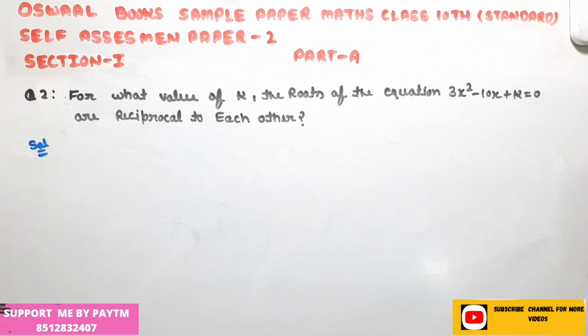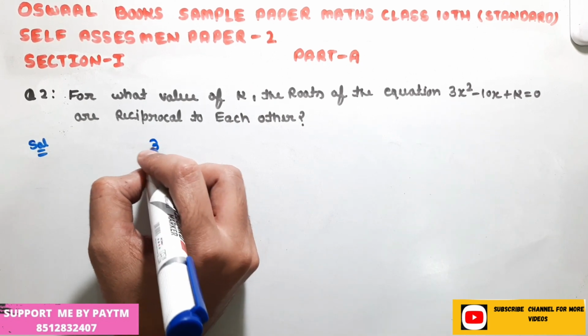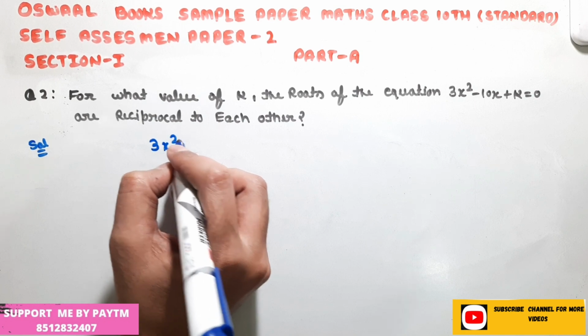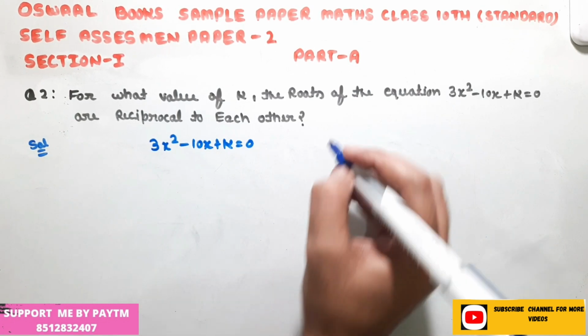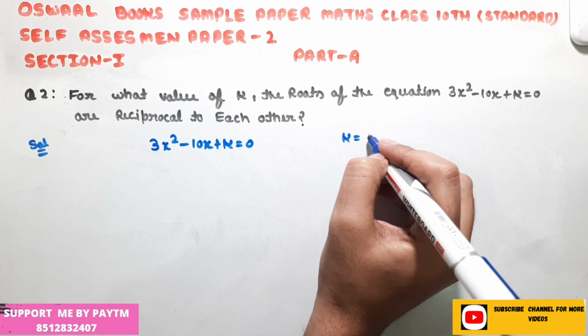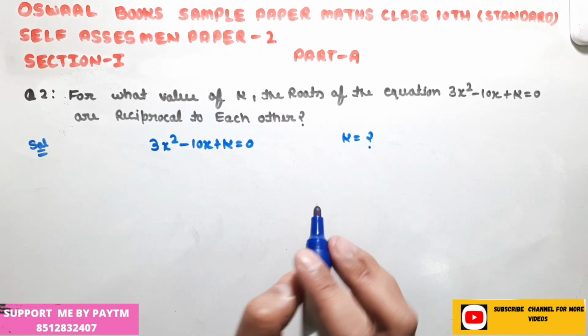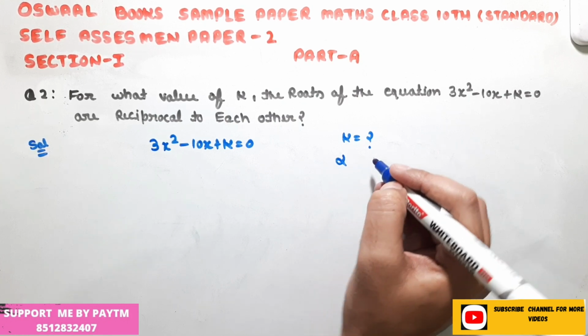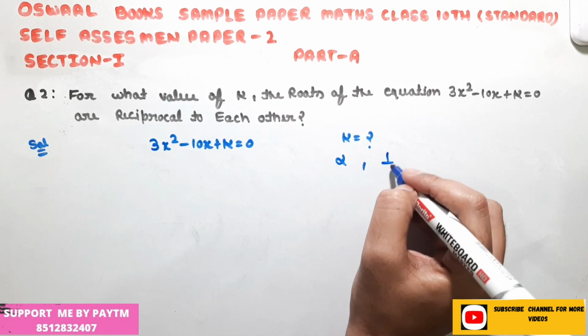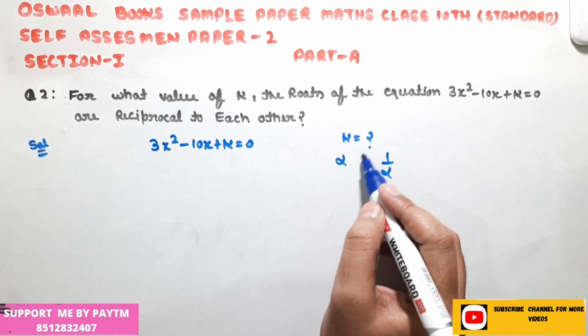Question number 2. For what value of k are the roots of the equation 3x square minus 10x plus k equals to 0 reciprocal to each other? In this problem, we have a quadratic equation 3x square minus 10x plus k equals to 0. We have to find the value of k for which roots are reciprocal to each other. So let the first root be alpha and the second root be 1 upon alpha because roots are reciprocal.